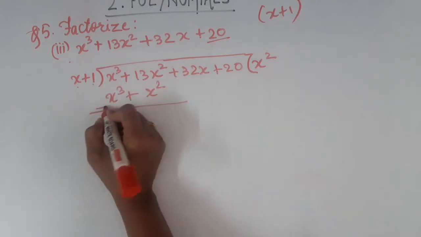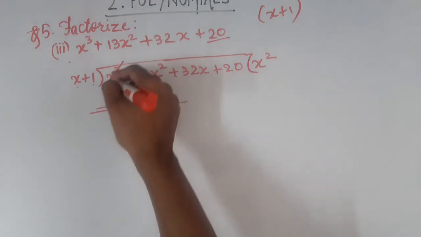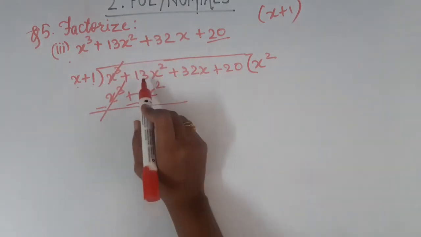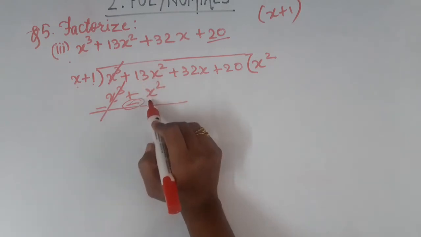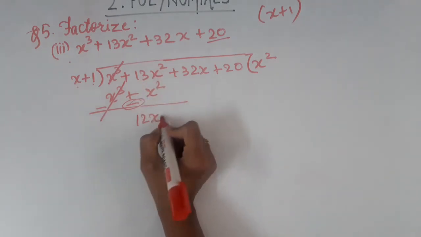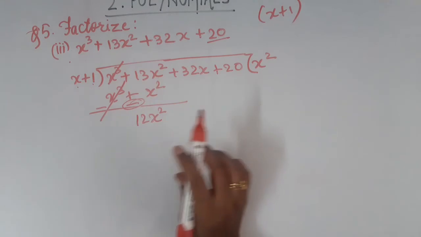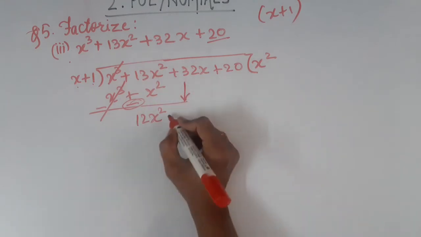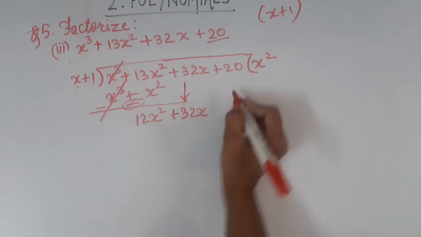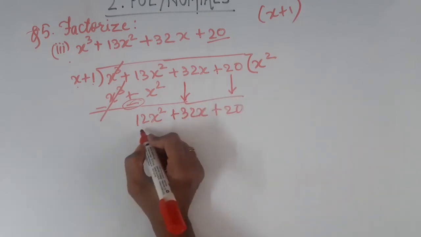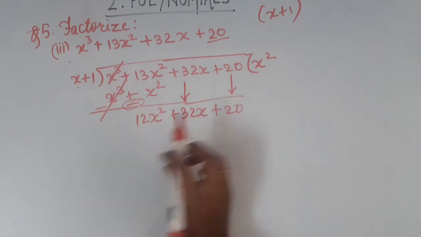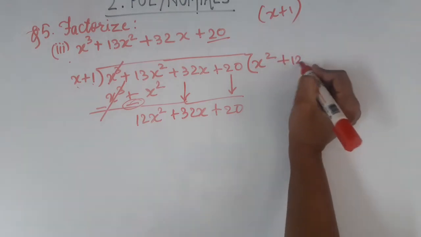Change the signs. So x cube minus x cube cancel. 13x square minus x square, lower sign you will consider. 13x square minus x square, I'll get 12x square. 13 is positive. Now take the other one down. So I'll take 32x plus 20 down. Okay. Now with what should I multiply x to get 12x square? With plus 12x.